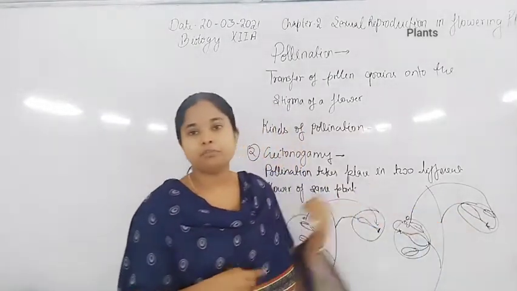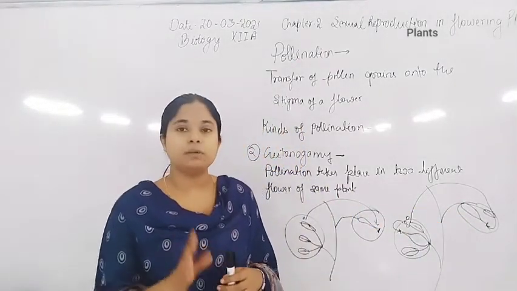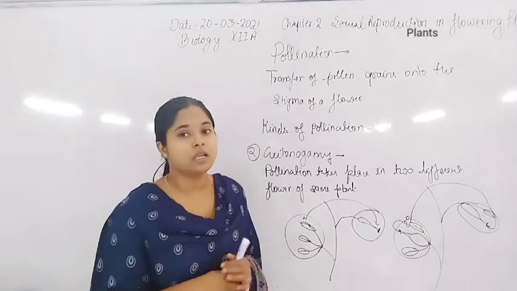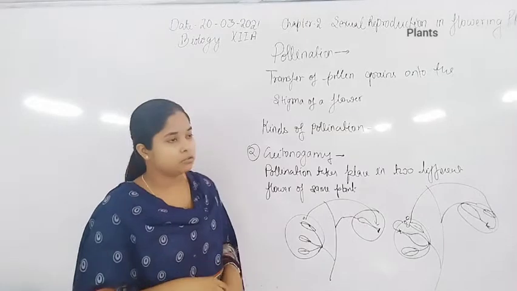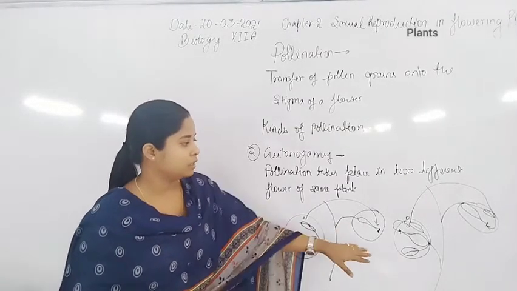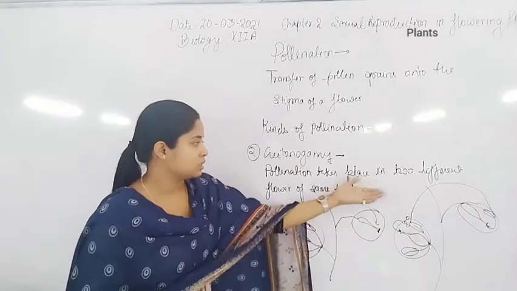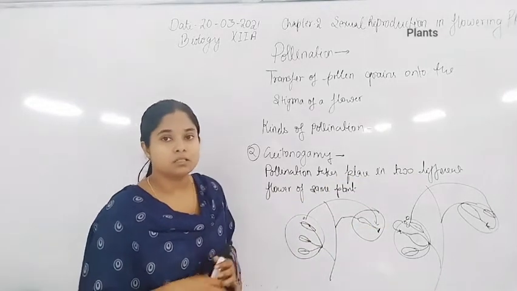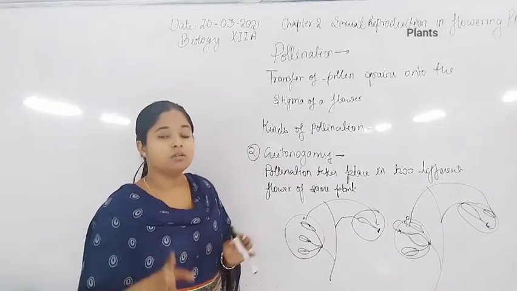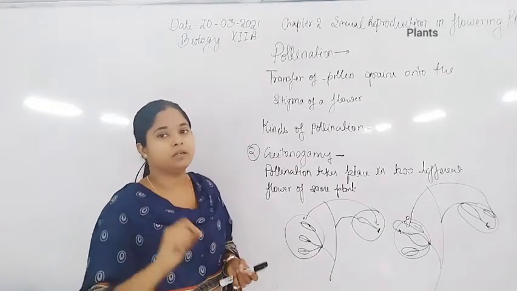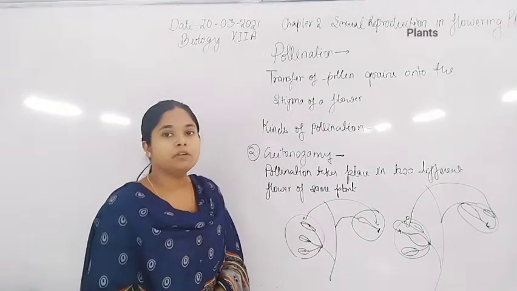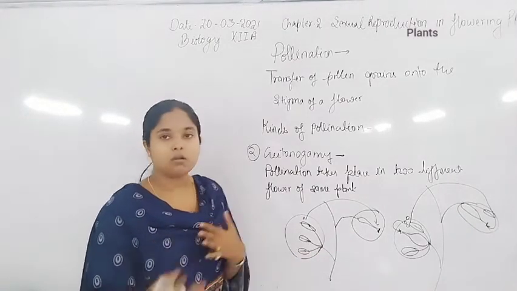That kind of maturation also inhibits self pollination. To inhibit self pollination and inbreeding depression, cross pollination will take place, and cross pollination is considered under zytonogamy and xenogamy. But xenogamy also allows cross pollination in between two different plants. Here it is the same plant but the flowers are different, but in xenogamy the flowers and the plants are also different.